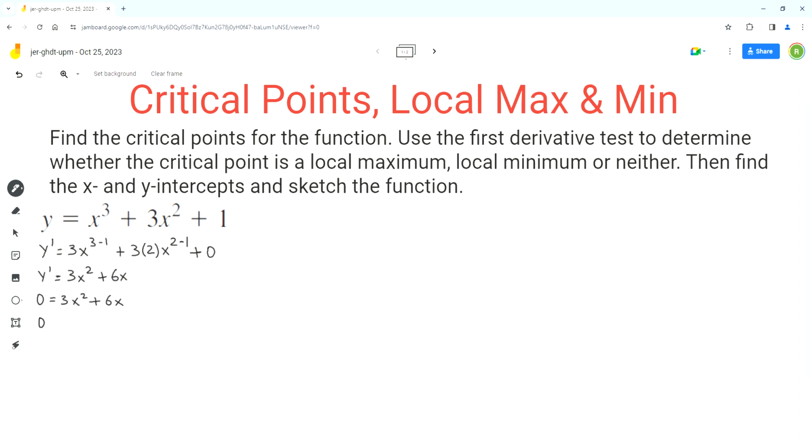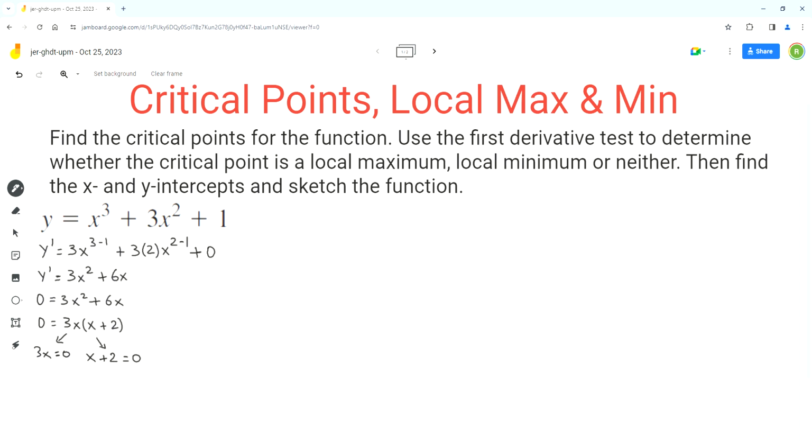So we can factor out 3x, and in the parentheses we get x plus 2. Now we get two cases. The first case is 3x equals 0, and the second case is x plus 2 equals 0.